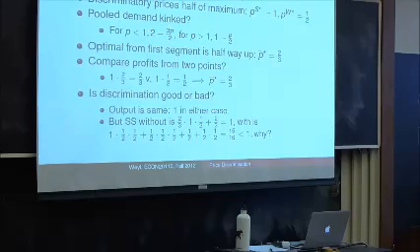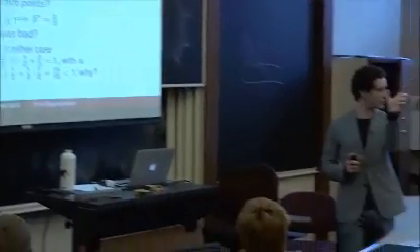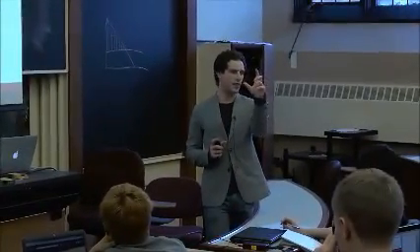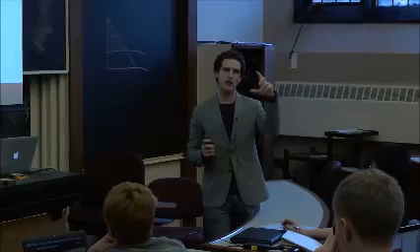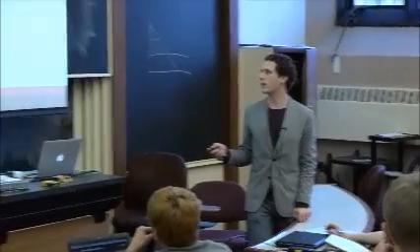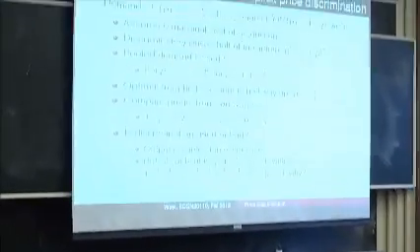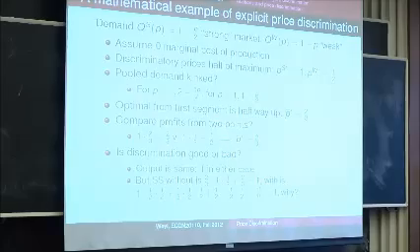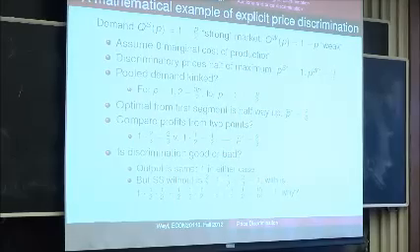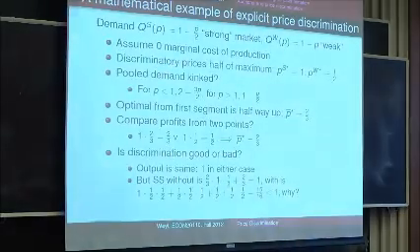So if 2/3 is the price, then what is the size of the triangle? Well, we know that it's 2/3 along the base of it, because that's the quantity. And then the height of it is 2, because that's the maximum willingness to pay that anyone has, minus 2/3.